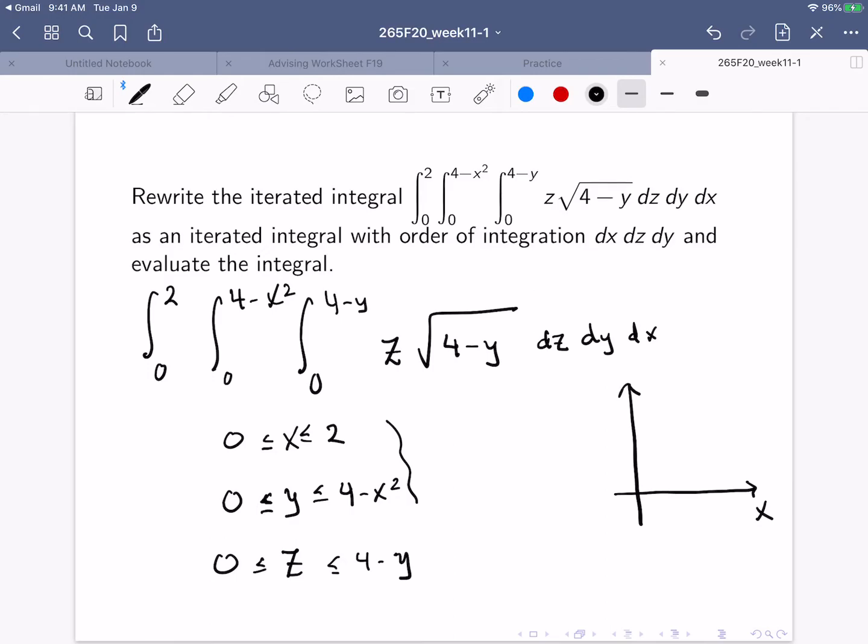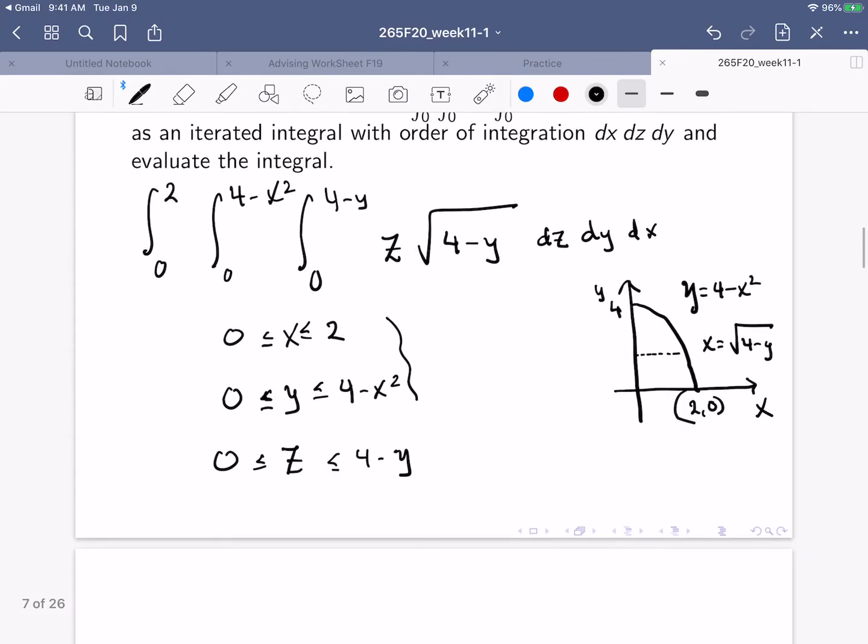So we've got a parabola that opens down, has a y-intercept at 4, and an x-intercept at 2, 0. If I wanted to solve this for x, it'd be x equals the square root of 4 minus y. I'm not taking the negative square root because we know that y is staying above 0.